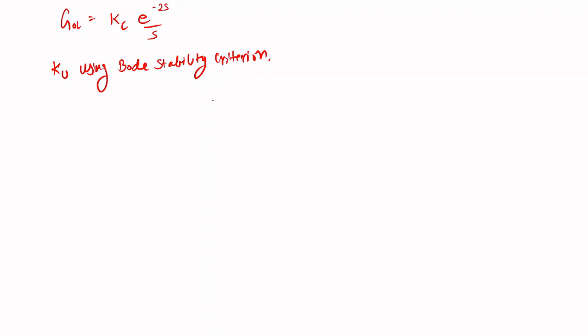So according to this Bode stability criterion, we define this ultimate gain as the maximum value of the controller gain that can provide a stable closed loop response.